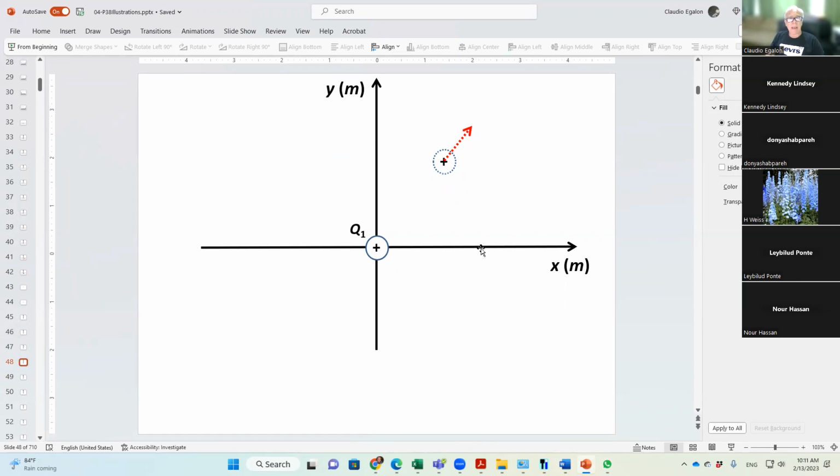This little red arrow that you see is what we call the electric field. The direction of the electric field is always dictated by this test charge that will always be positive.